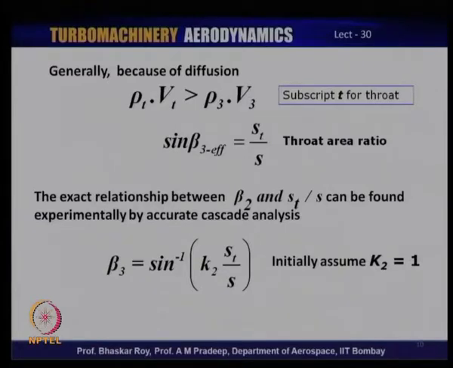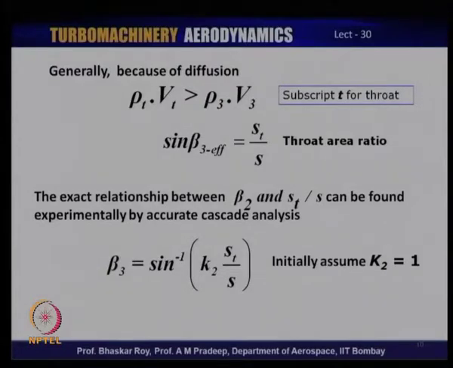Now, the exact relationship between beta 3 for rotor exit, beta 2 for rotor inlet, and the throat dimension to the pitch can be found out experimentally from accurate cascade analysis, which means the cascade data becomes an important issue here.